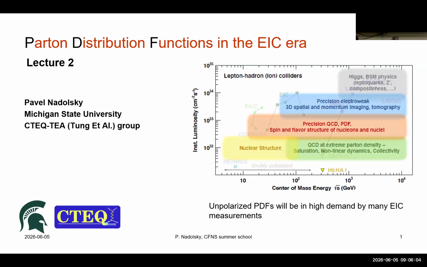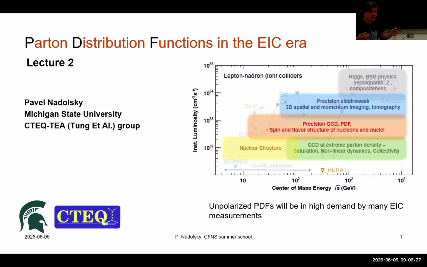I will emphasize today some issues that arise when the precision goes up. For discovery, these issues may be less important, but after a few years of running of the EIC, it accumulated lots of events, and you have to analyze them. For that, you need to have precise predictions.